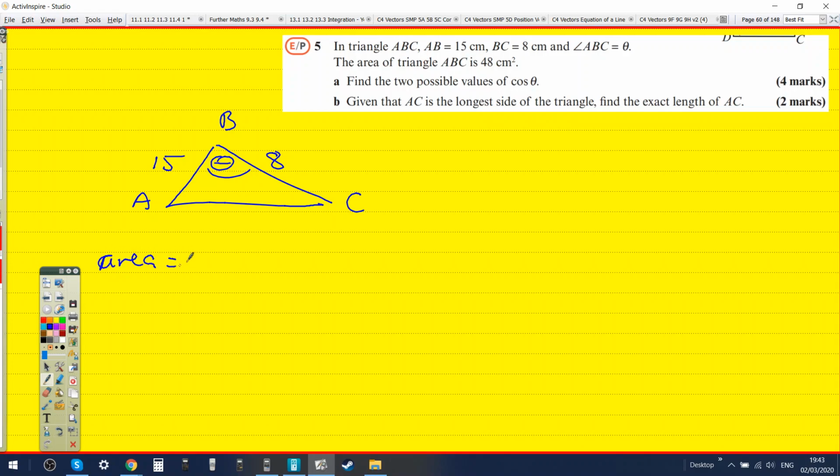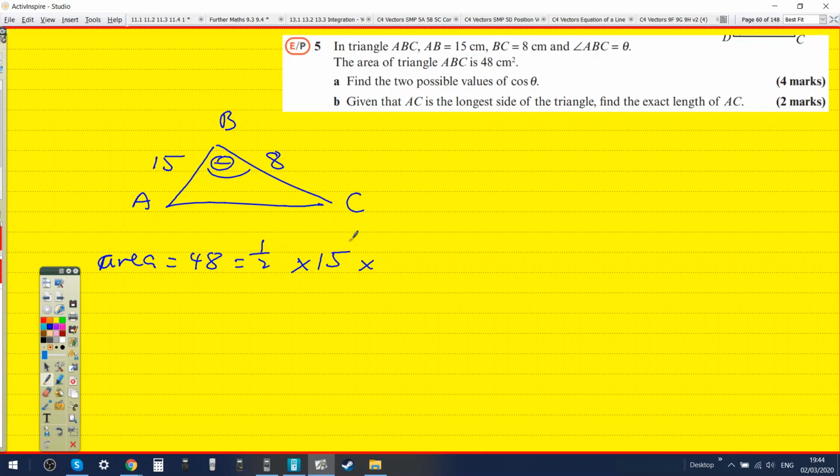Would I have to treat theta like it's x? Yeah. So do I just need to do half AB sine C equals 48 here? Yeah, and you'll get an answer for that one. It says find two possible values. Oh, hang on. So that's the sine.